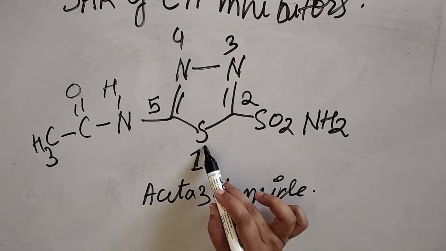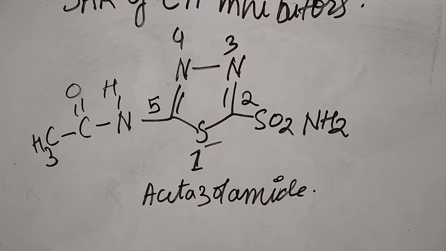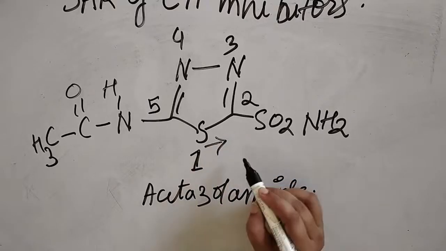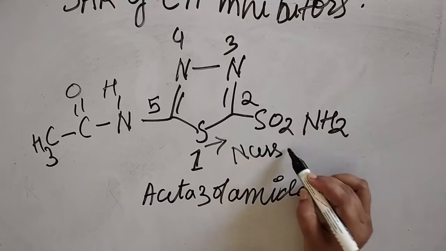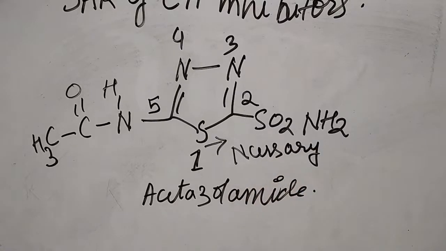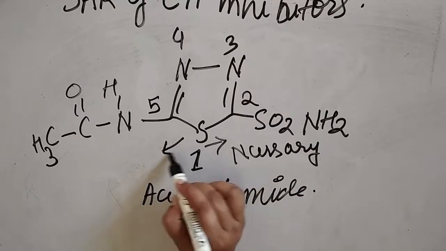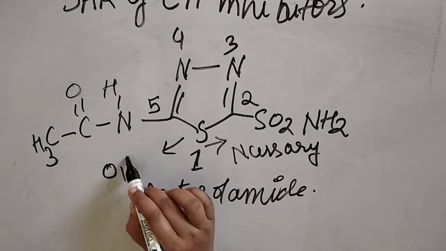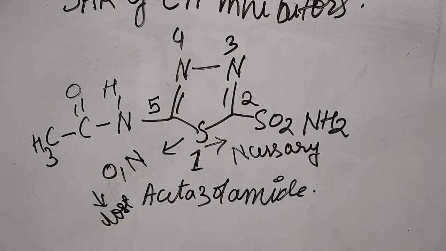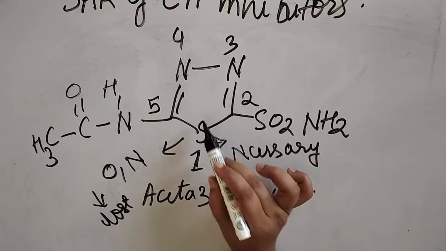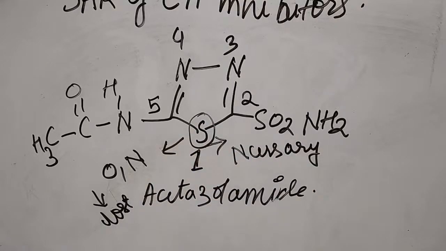At the first position, the presence of the sulfur group is necessary for diuretic activity. If sulfur is replaced by oxygen or nitrogen, the activity will be lost. So that is the first point.